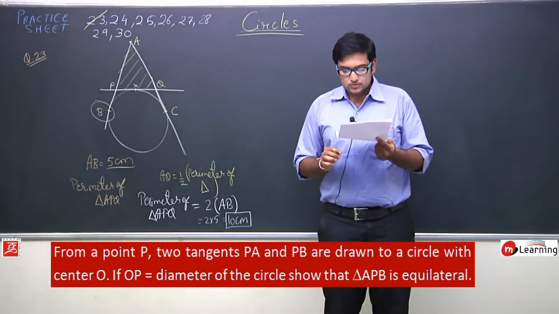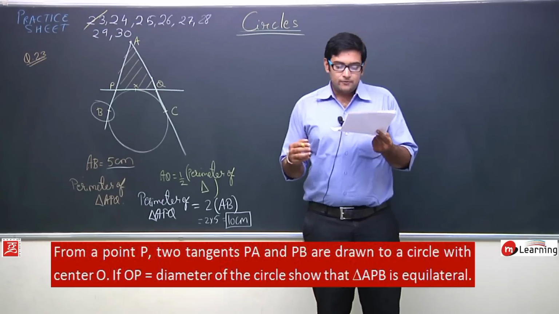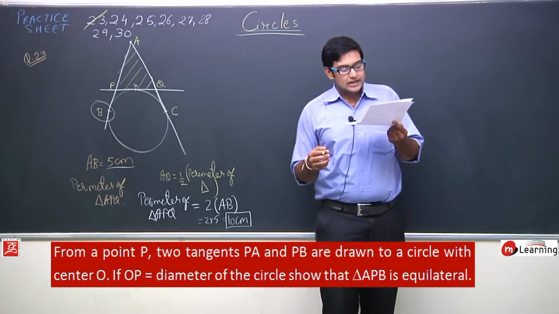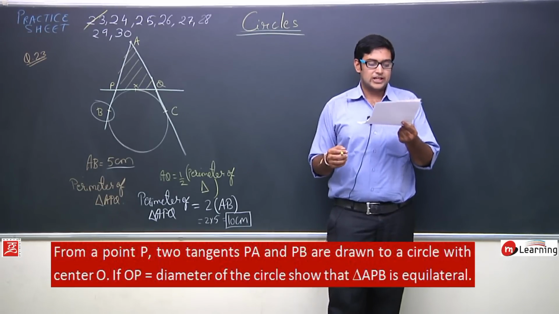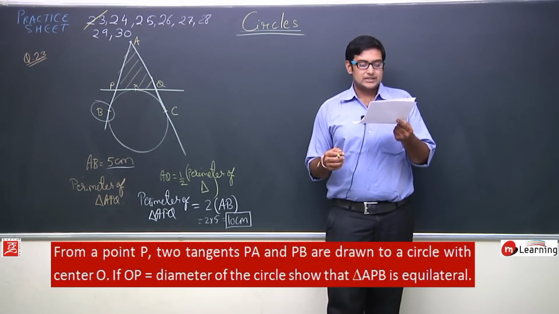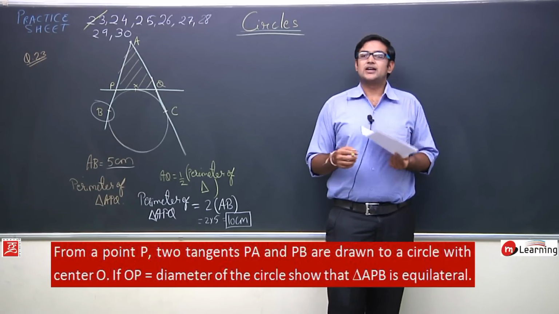It says if OP is equal to the diameter of the circle, show that triangle APB is an equilateral triangle.